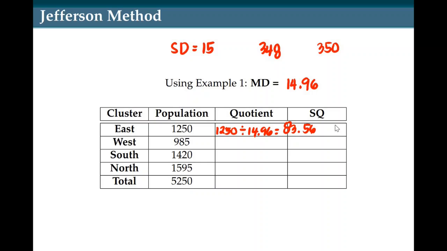And if we round the quotient down to the nearest whole number, the standard quota will be 83. 985 divided by 14.96 will give us 65.84. And if we round down to the nearest whole number, that will be 65.